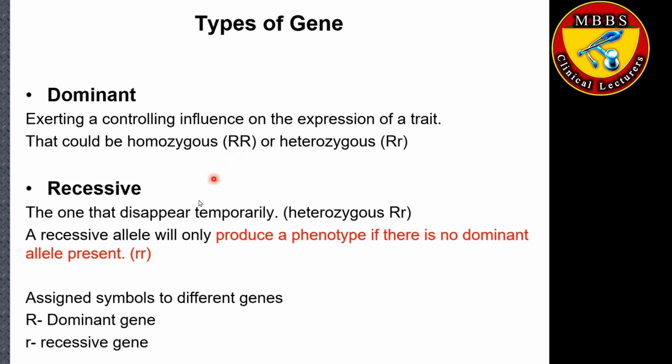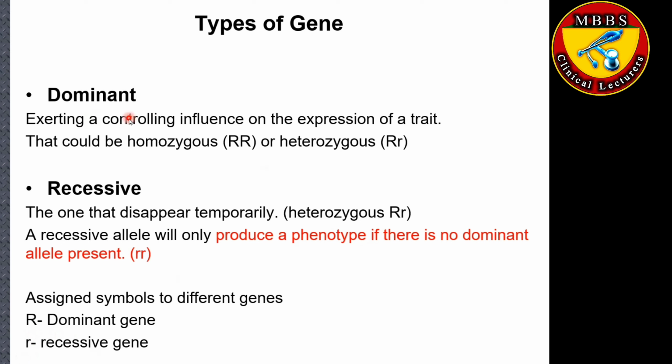First, take it clear that whenever we write a capital letter, it might be capital R, T, A, G, P, whatever, we take it as a dominant gene. And when it is written in a small letter, it is a recessive gene. Make it clear. So here I consider that capital R is dominant and small r is recessive.